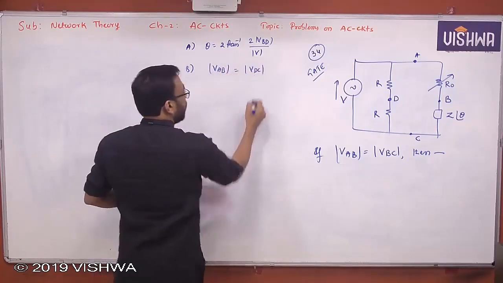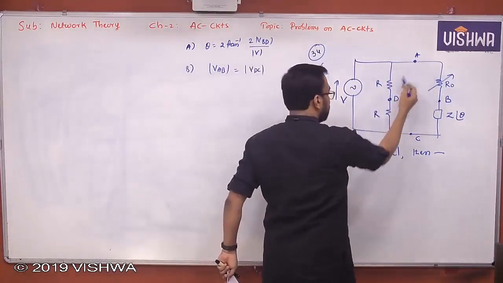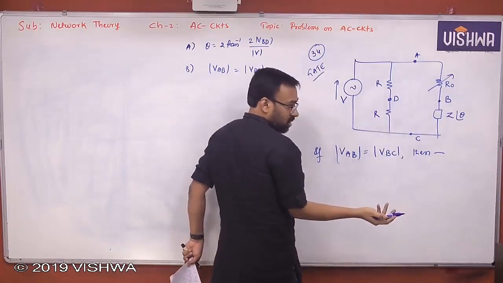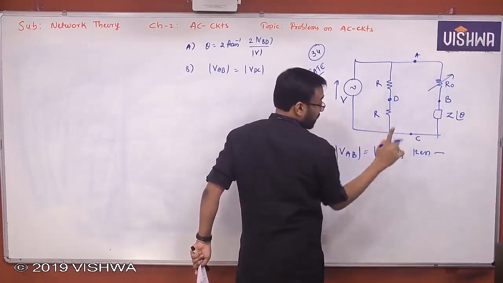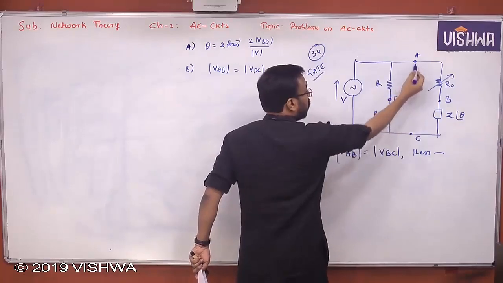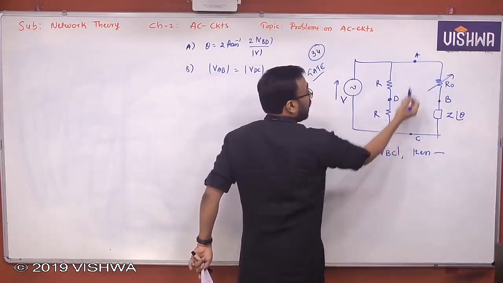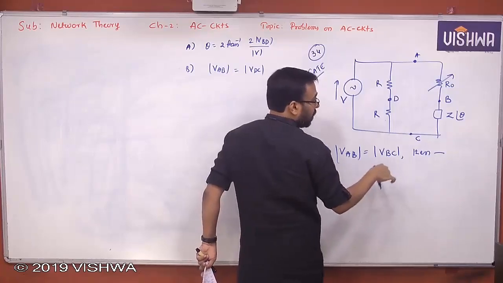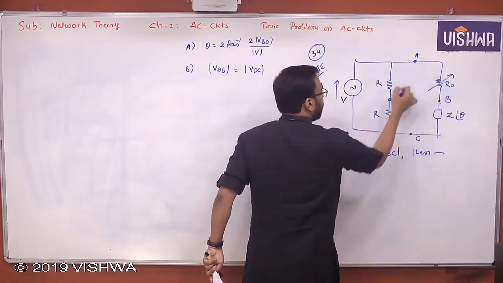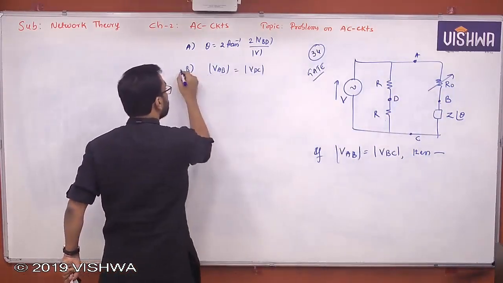Is it possible that VAB is equal to VDC? What is the guarantee that it's going to be right? It's not. But VAD is equal to VDC I can say, because this is R, this is R. Total voltage is equally divided, and this condition was given in the problem itself. But what is the guarantee that VAB is equal to VAD? So I cannot say. So this option is wrong.